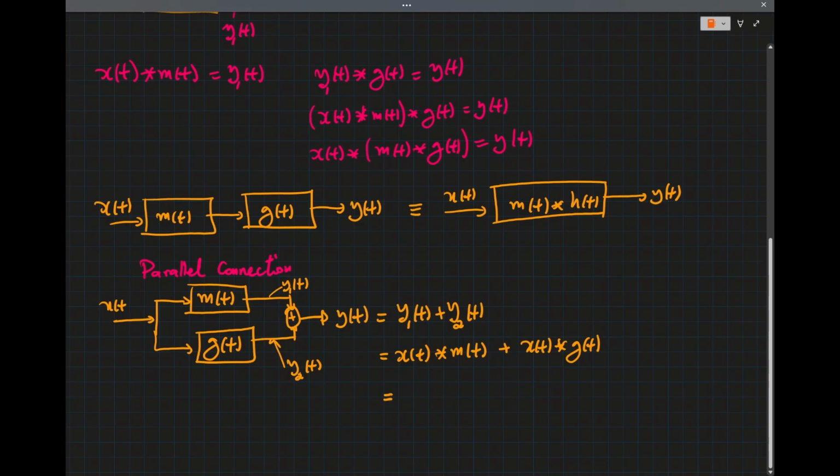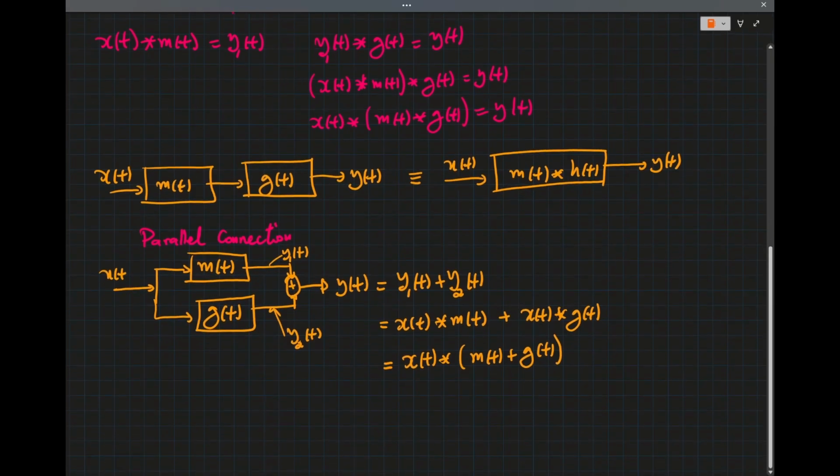Then we know that convolution is distributive over addition, so we can write it as m of t plus g of t convolved with x of t.